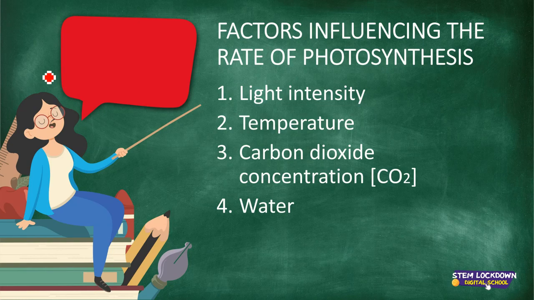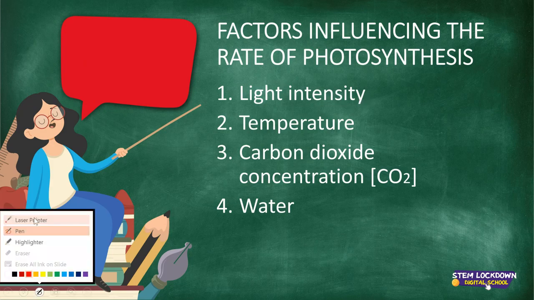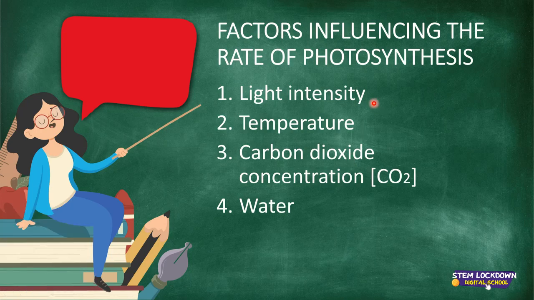The factors that influence the rate of photosynthesis: the first one is light intensity. The second one is temperature. The third one is carbon dioxide concentration. And the fourth one is water. These square brackets indicate concentration.